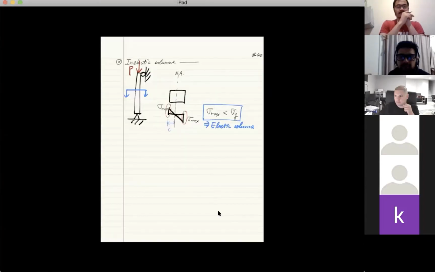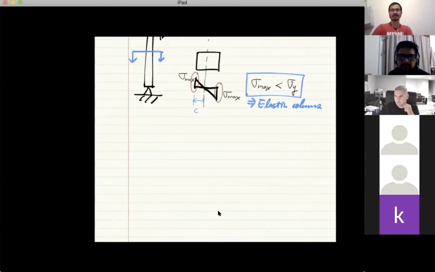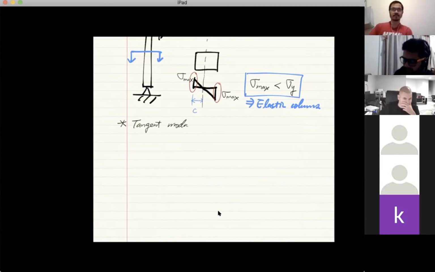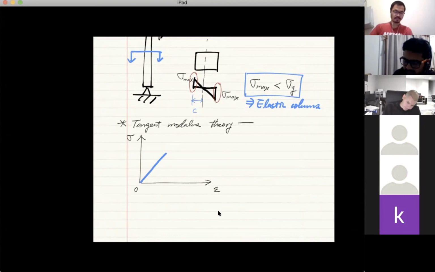So when we look at the stress-strain relationship in tangent modulus theory, the stress-strain relationship is like this. We assume that we start with a straight line.